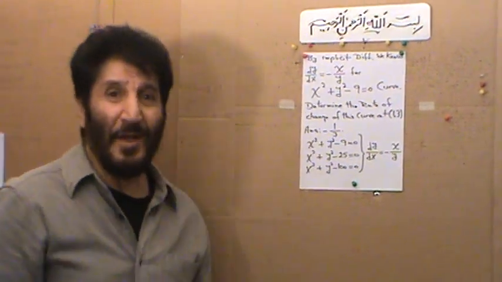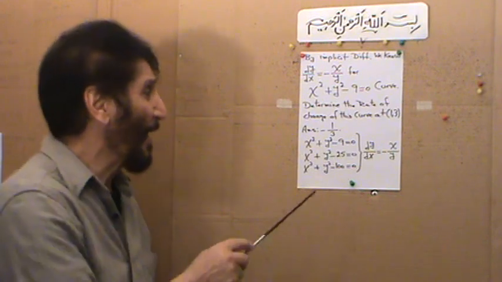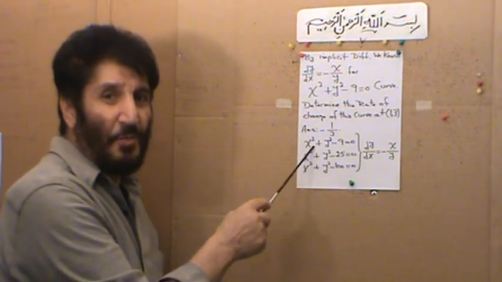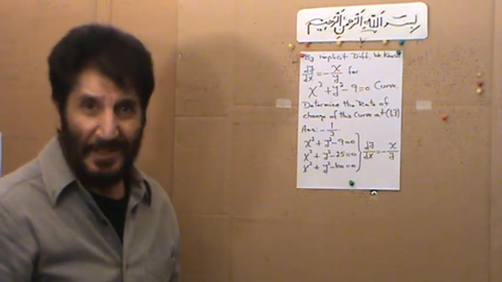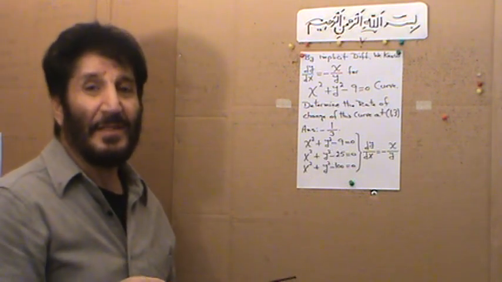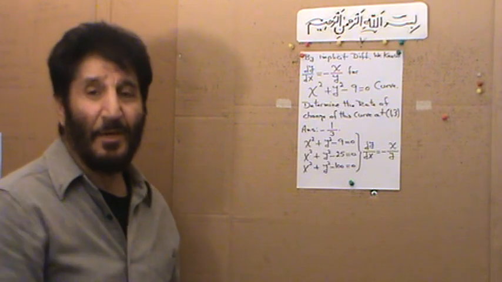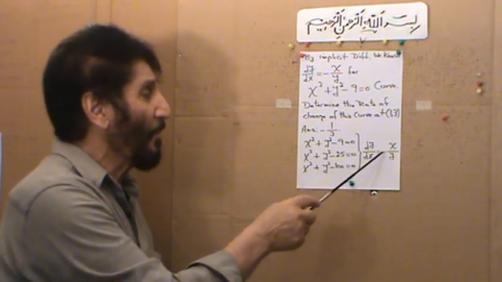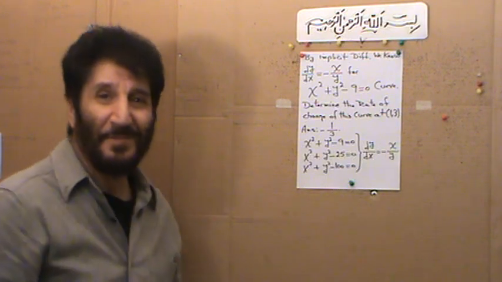Now, one other thing you have to observe. Look at that: x squared plus y squared minus 9 is the equation of a circle of radius 3. What is the derivative that we found a minute ago? Implicitly, we found the derivative of y with respect to x to be negative x over y.